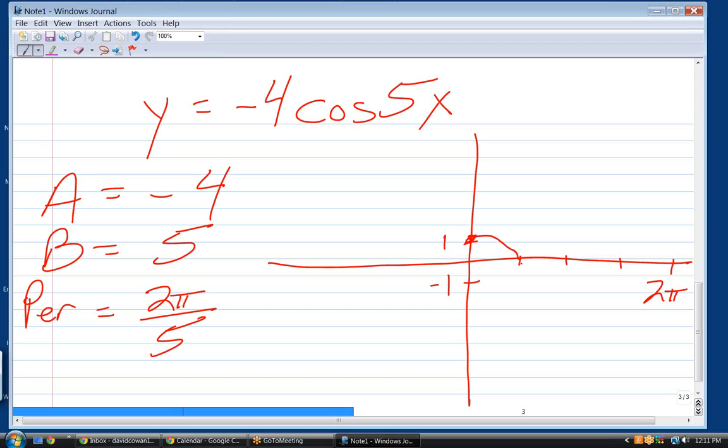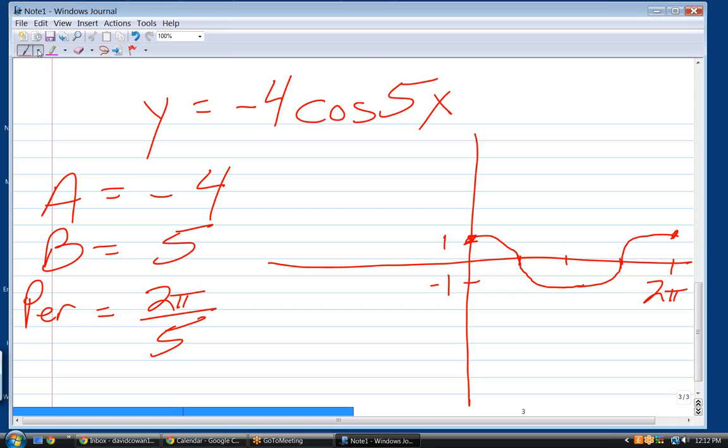Goes down through the 0 there. Goes down to the bottom at minus 1. Comes back up through the 0 at 3 pi over 2. And finishes where it started from. Notice that if I drew another period of this thing, we'd be just redrawing the same graph.